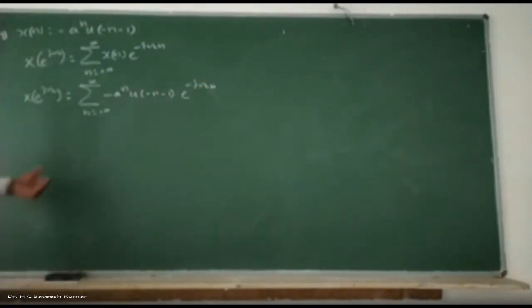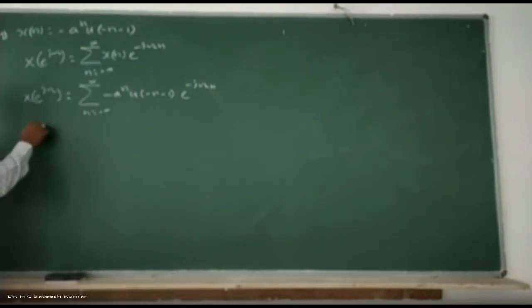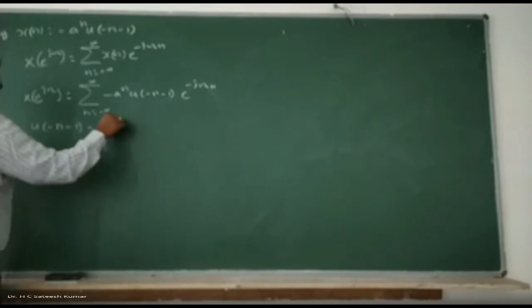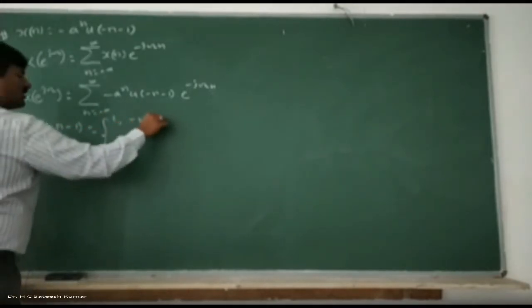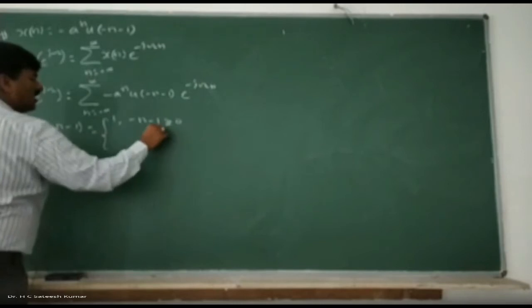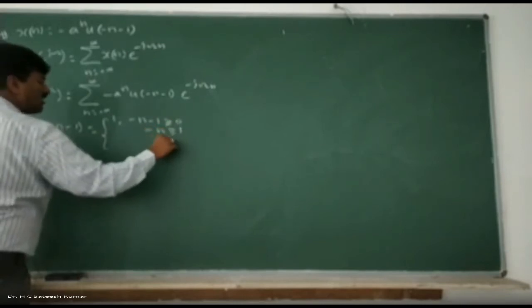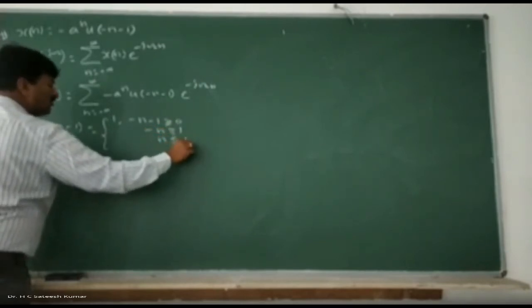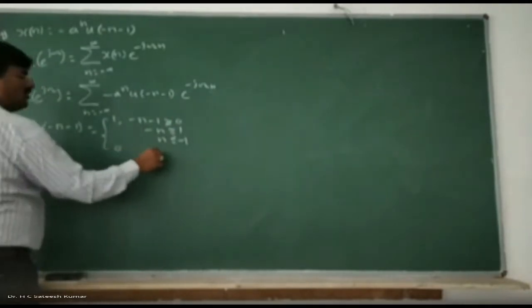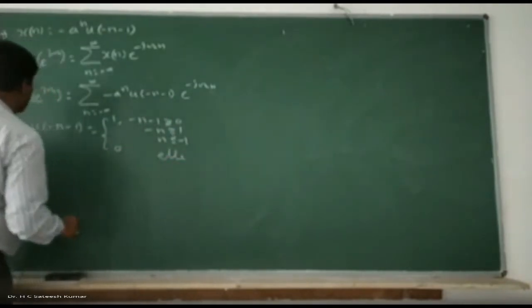In place of x of n, you put this. That's it. But what is u of minus n minus 1? U of minus n minus 1 is equal to 1 for minus n minus 1 greater than or equal to 0, or minus n greater than or equal to 1, or n less than or equal to minus 1. And it is equal to 0 elsewhere. So that means what is that you can write it?